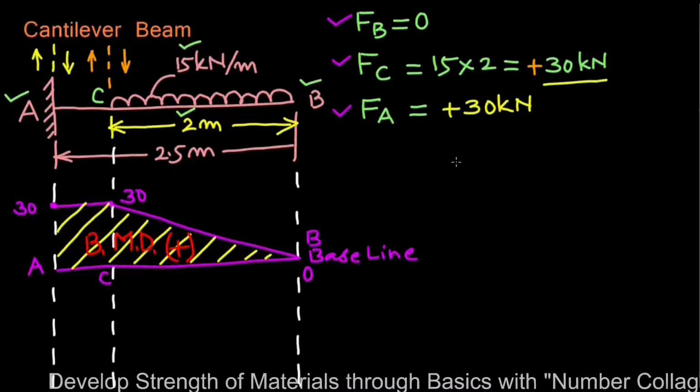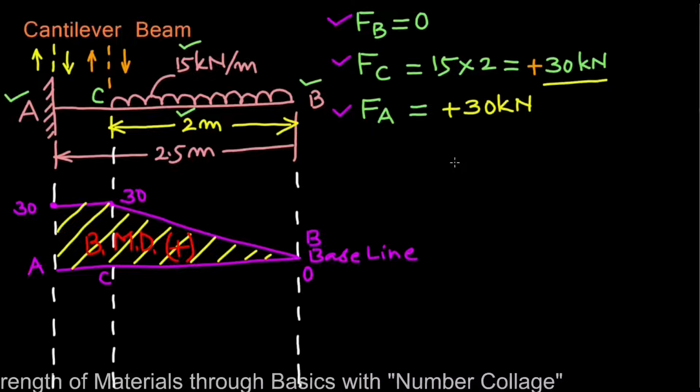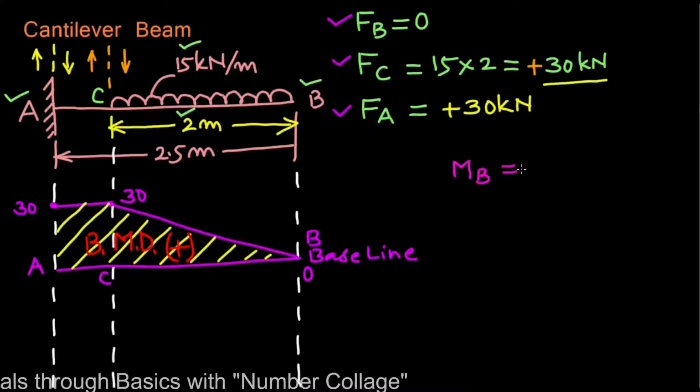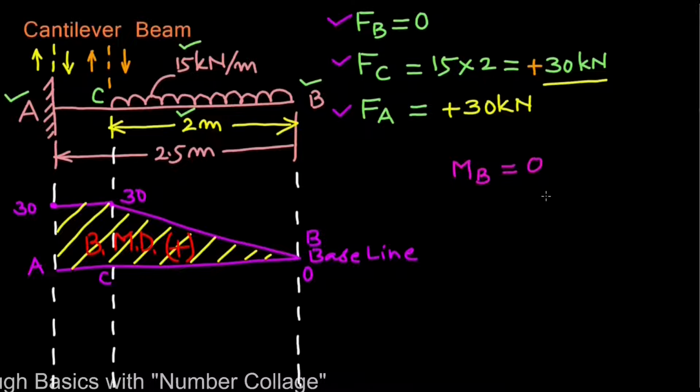Bending moment at the free end B of the cantilever, MB, will be 0 because there is no possibility of any bending at the free end of the cantilever.